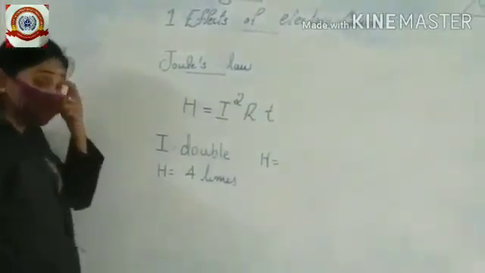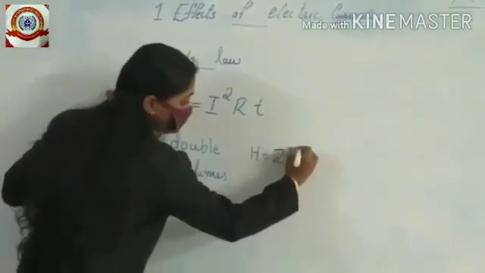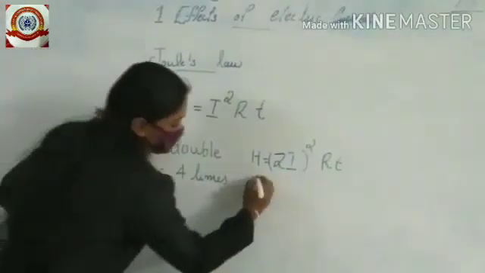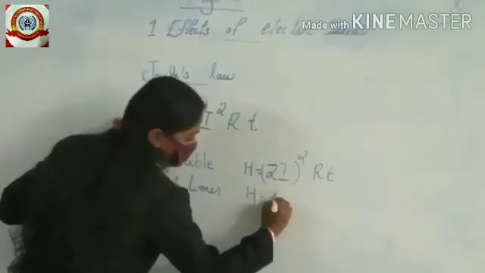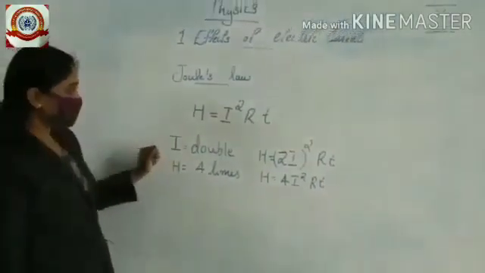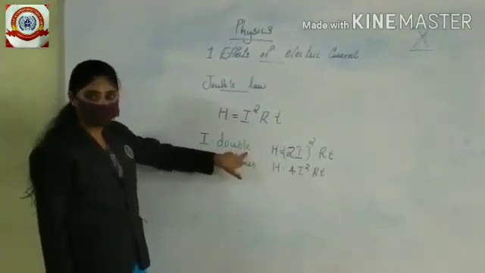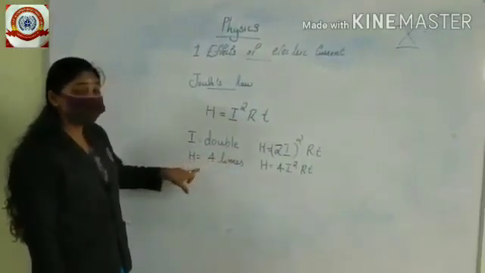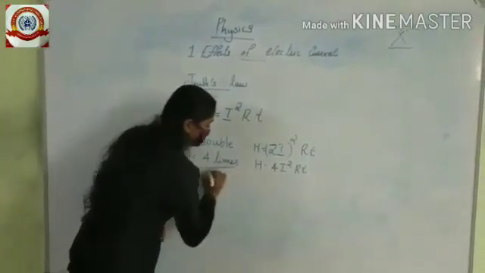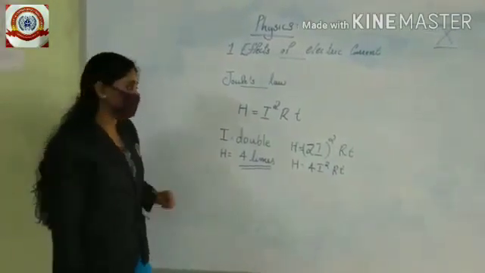So we substitute the value of I into this equation, that is 2I the whole square RT. Then H equals 4I square RT. So what happens here? When the current I is doubled, the heat generated also increases by 4 times. H equals 4I square RT. Do you get it? Okay, this is the first example.